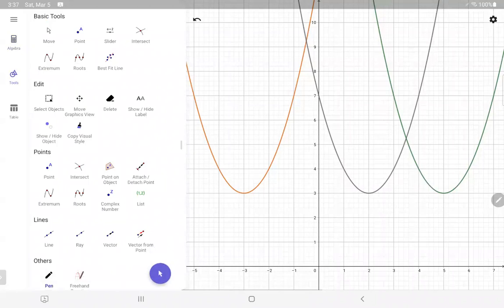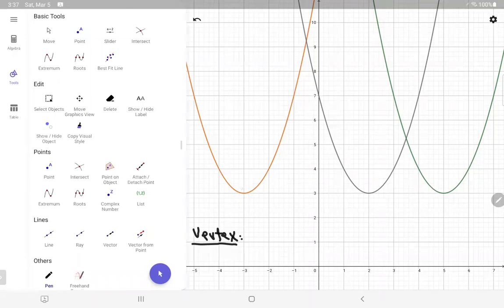Give me the vertex of each of them. Who can give me the vertex of the one in red or orange? The vertex.